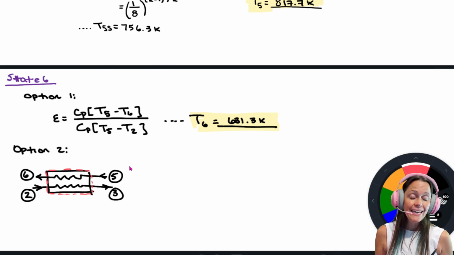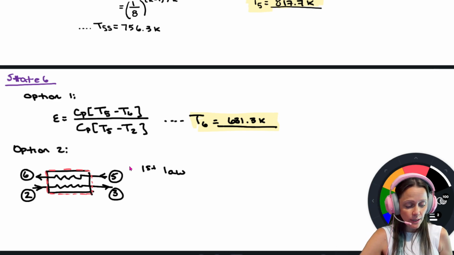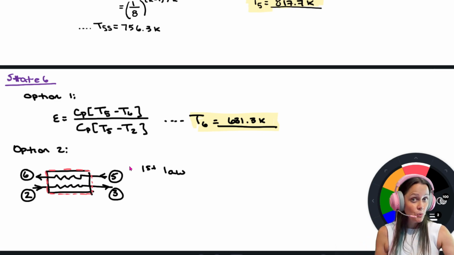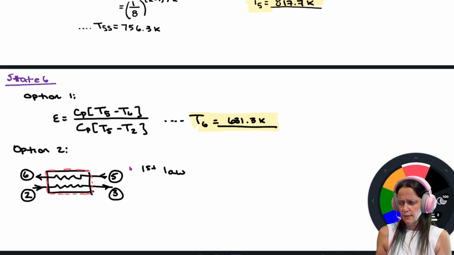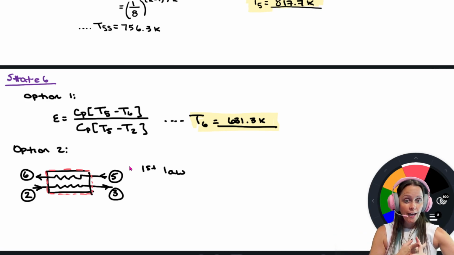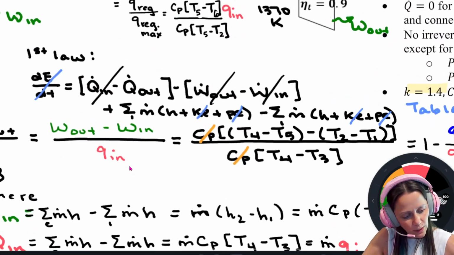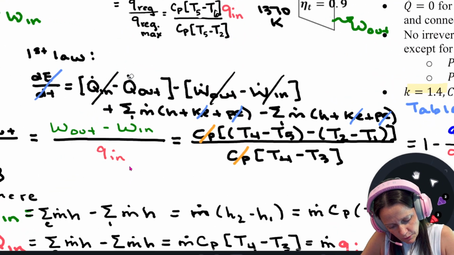If I do that and apply my first law to this entire thing, yes, I have heat transfer going on within the confines of this thing, but I do not have any Q crossing that red dotted line. Here's my first law up here.